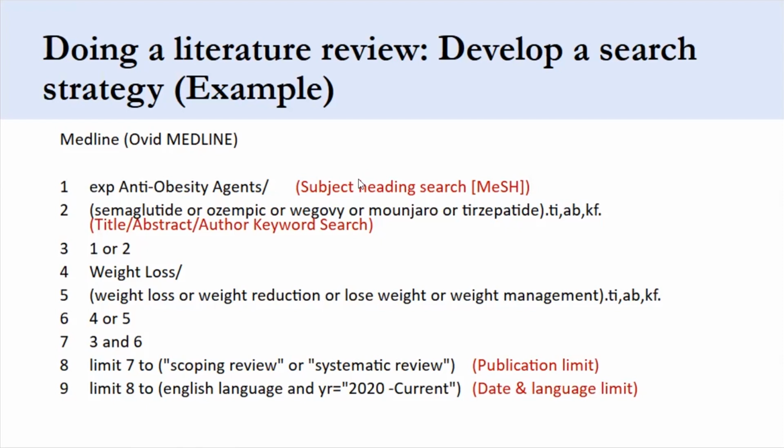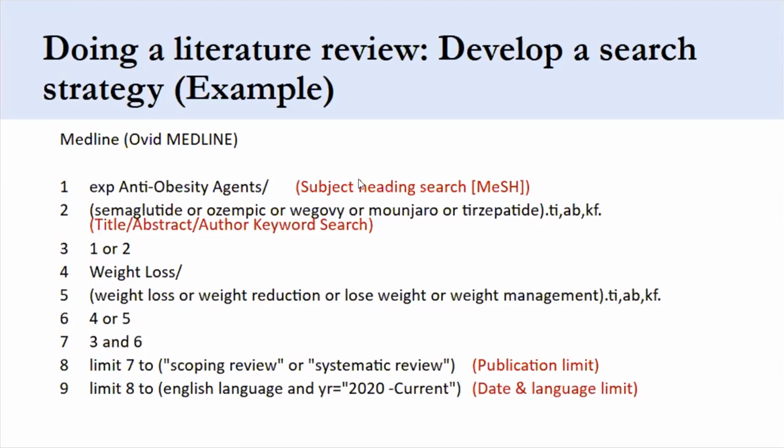And then we do exactly the same thing for our weight loss. So we've got the MeSH search first, then we've got the title, abstract, keyword search. I would say that this line probably needs a little bit more work. We might want to put keywords in around reduction in BMI, for example, into that line.